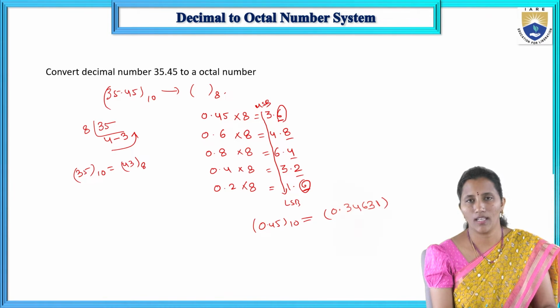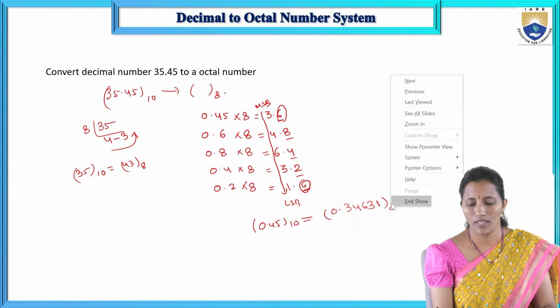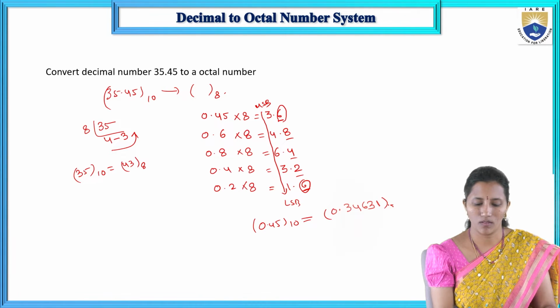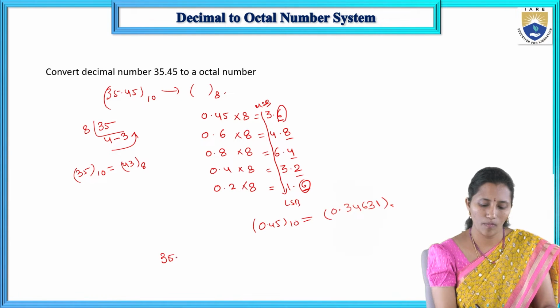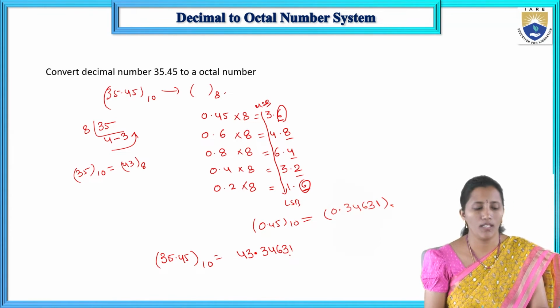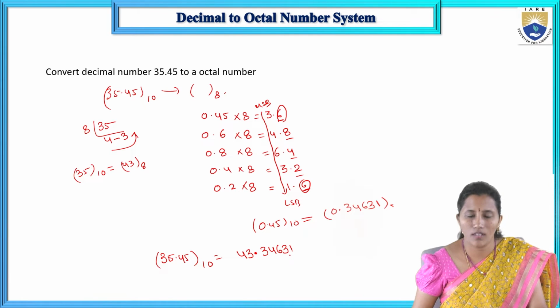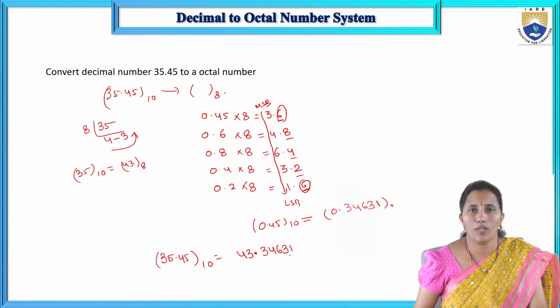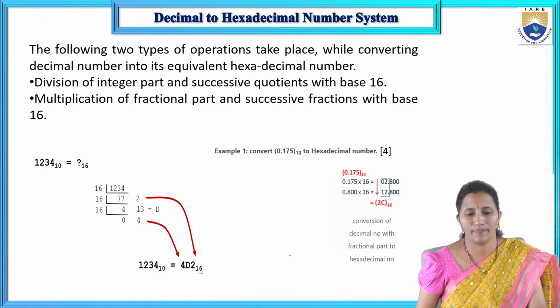So the total 35.45 will be represented by 43 as the integer part and the fractional part 34631. This is the procedure to convert a decimal number to the octal number system.